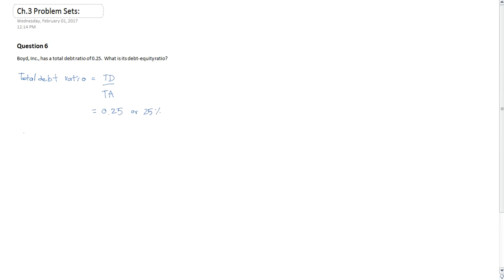So the idea that the total debt ratio tells us is that 25% of the firm's total asset was financed by debt. That's the meaning of total debt ratio equal to 0.25.